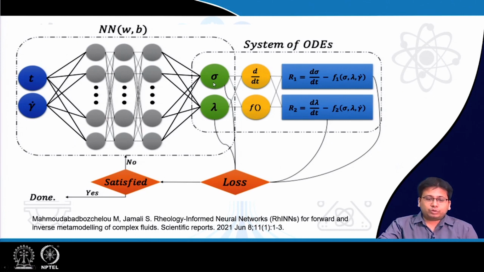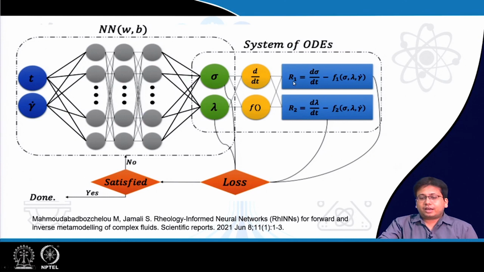So what we will do is, once we get the values of sigma and lambda being produced by the neural network, we will calculate d sigma dt and d lambda dt from the generated values using automatic differentiation, and we will also compute these functions. So based on that, we will calculate these two losses, R1 and R2.